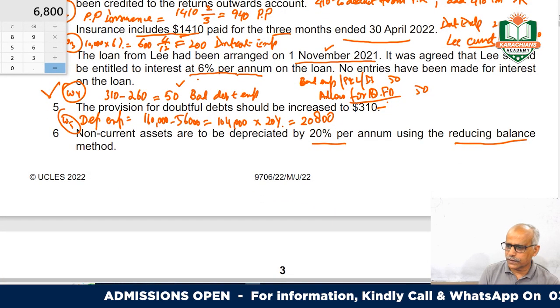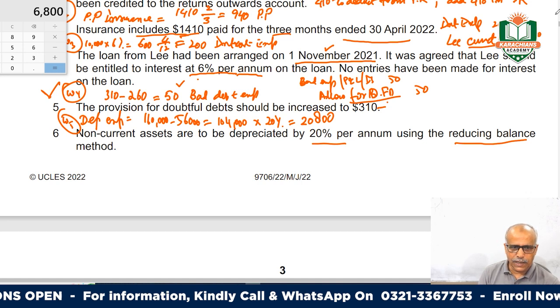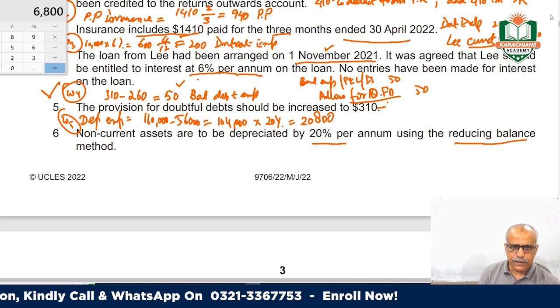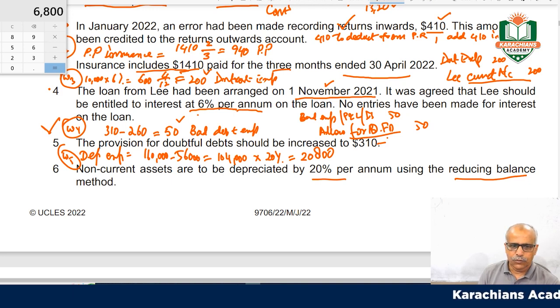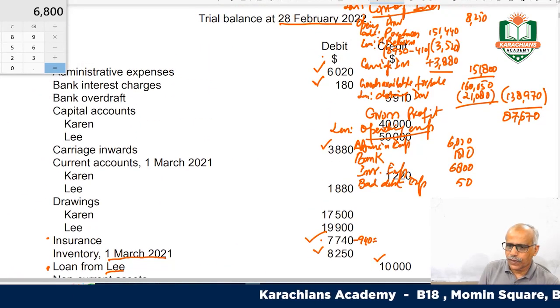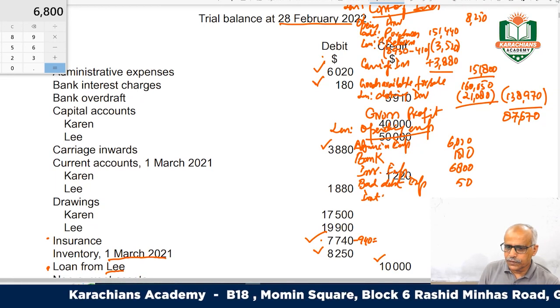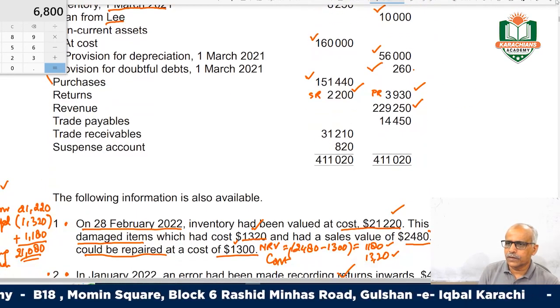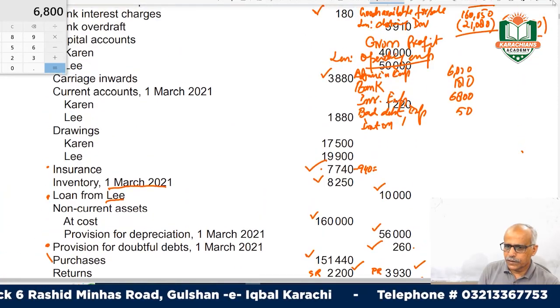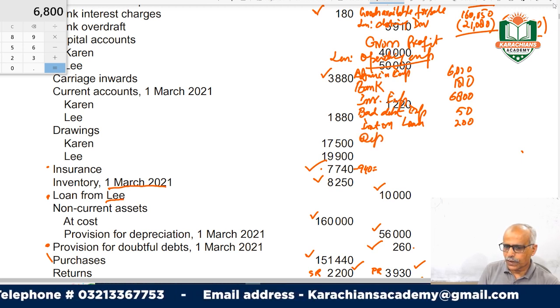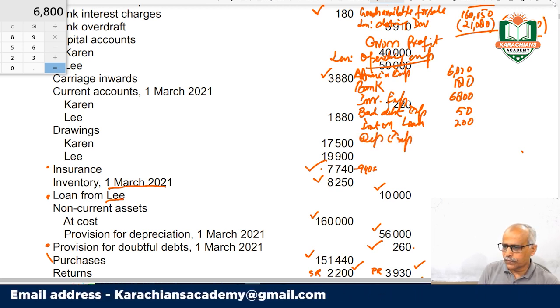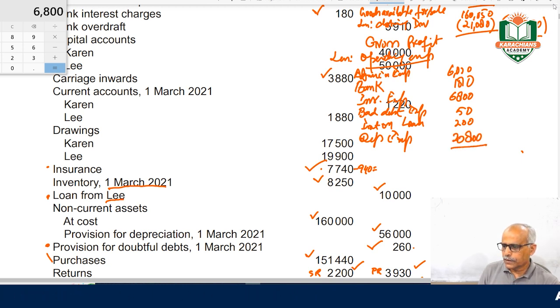And then you have to deduct depreciation. Also, you have paid 200 interest on the partner's loan, 200, and the depreciation expense you have calculated to be 20,800.